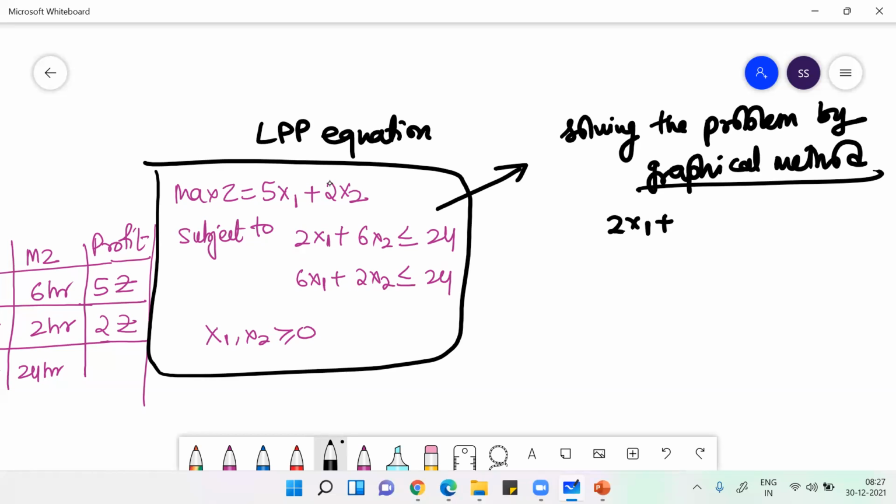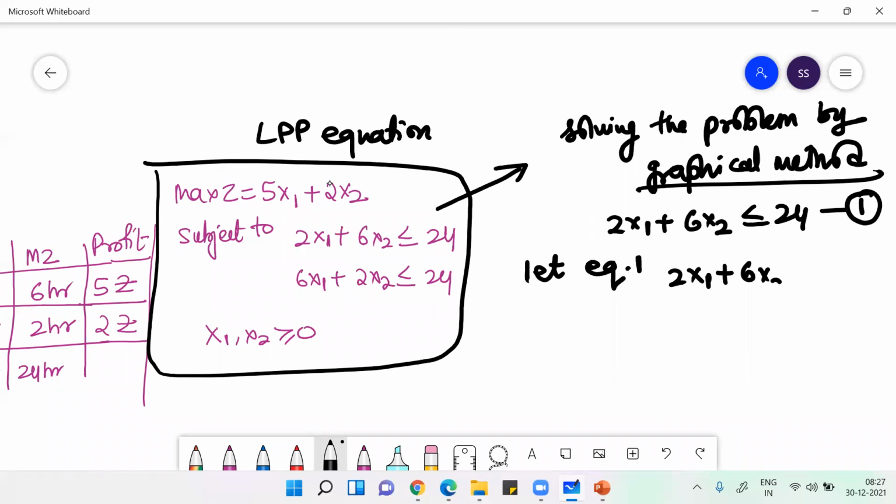Your first constraint is 2x1 plus 6x2 is less than or equal to 24, right? So ignore the inequality sign for the time being. Let equation 1 be 2x1 plus 6x2 is equal to 24.